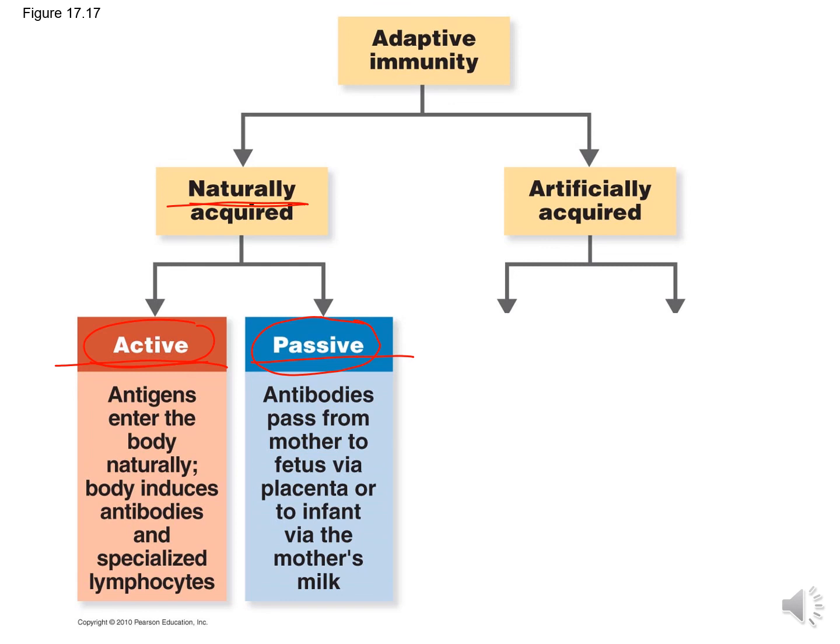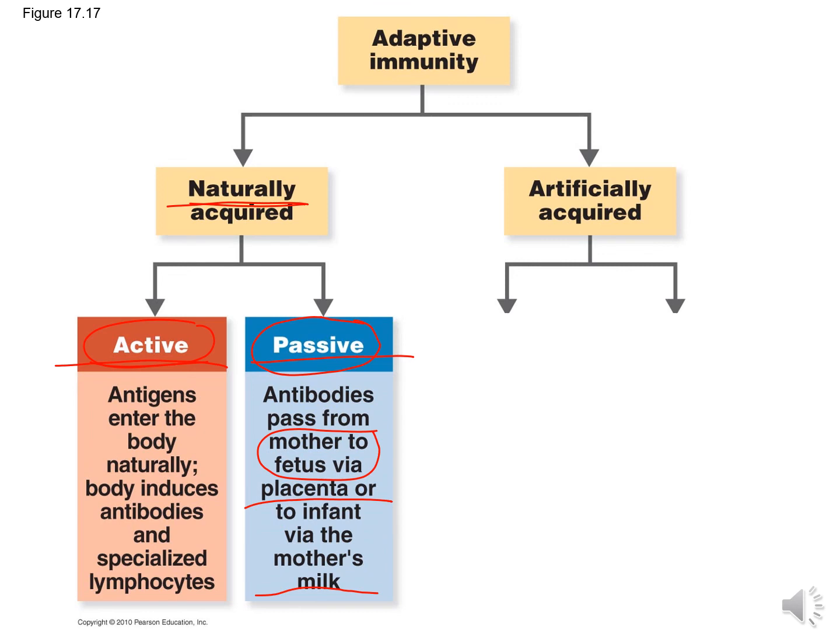And the only natural process for that is from a mother to a fetus or a baby. So a mother can transfer antibodies to her baby in two different ways. IgG can cross the placenta and go into the fetus's circulation, and IgA can be transferred to the baby through breast milk. So this is naturally acquired active immunity, naturally acquired passive immunity.